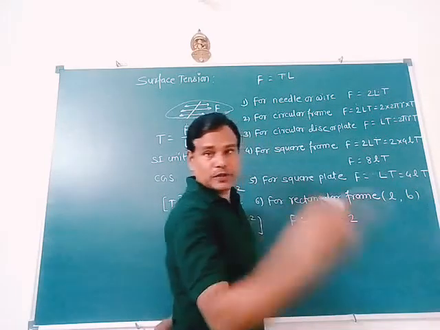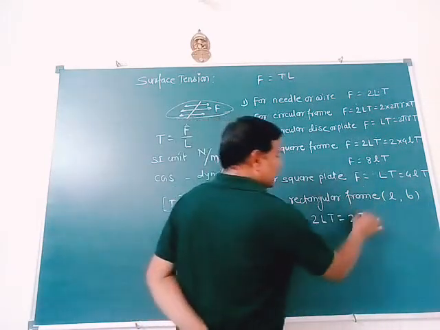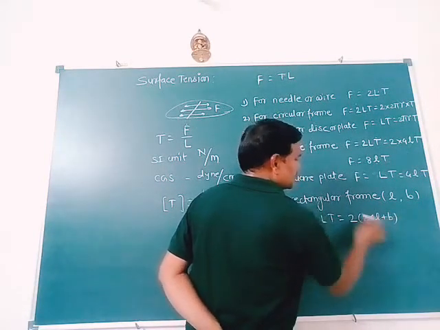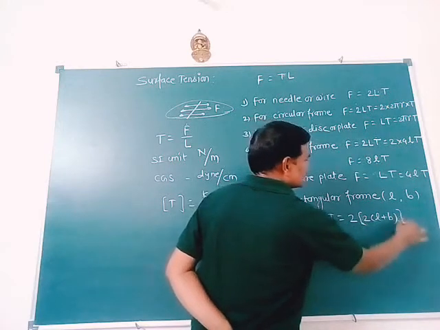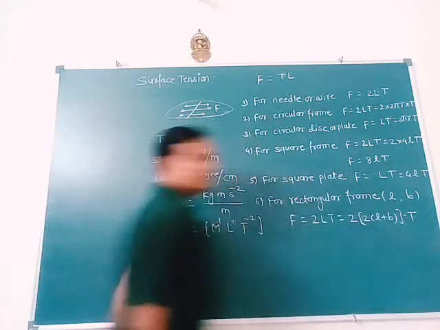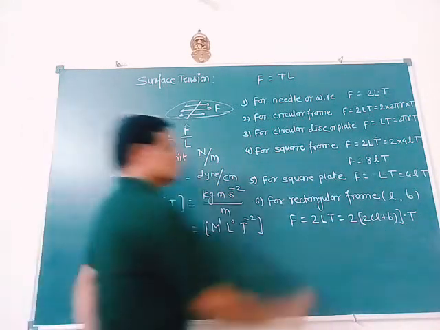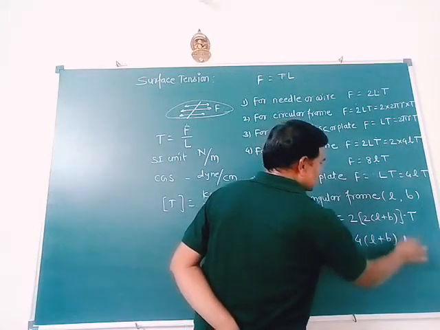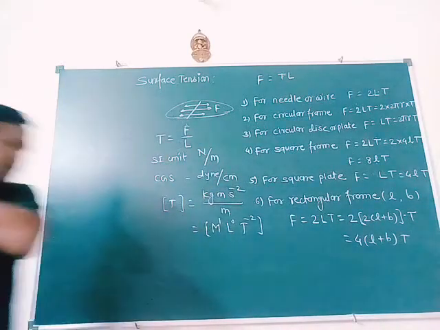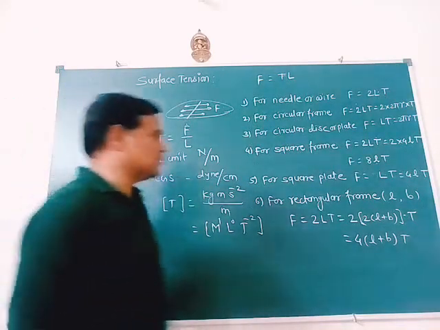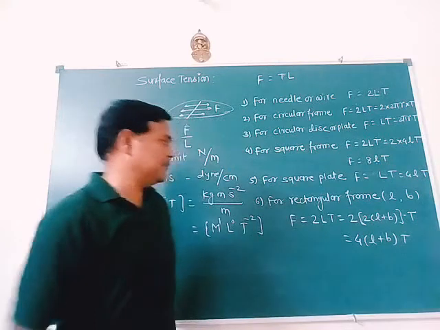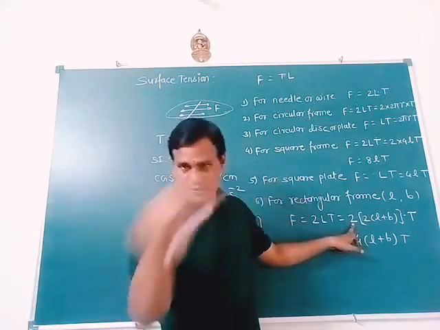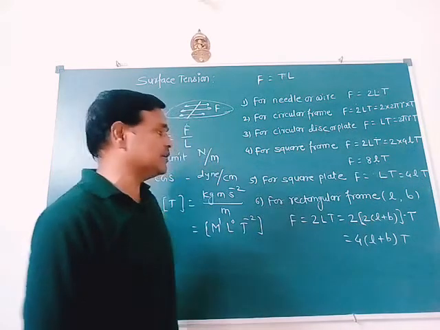Capital L means the perimeter of the frame, which is 2 into small l plus b, into capital T. So you can write this as 4 into small l plus b into capital T. So this is the formula for the force acting on a rectangular frame. The factor 2 shows that there are two surfaces of the frame in contact with air.